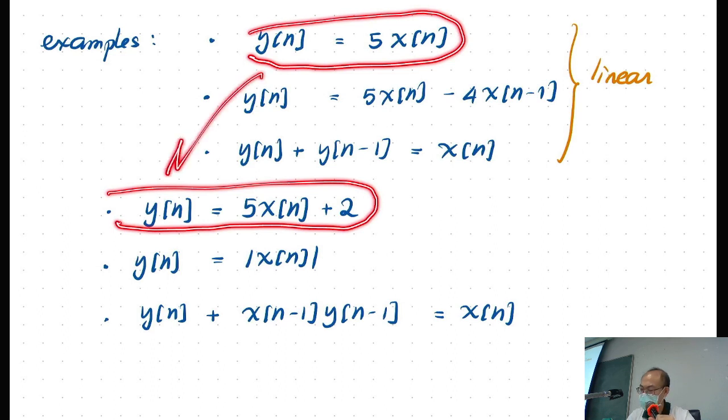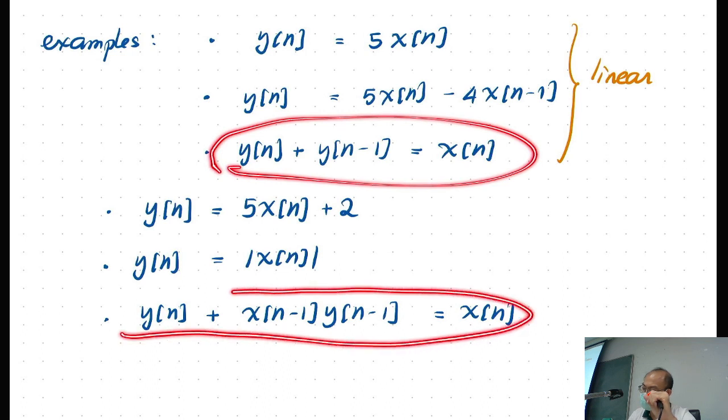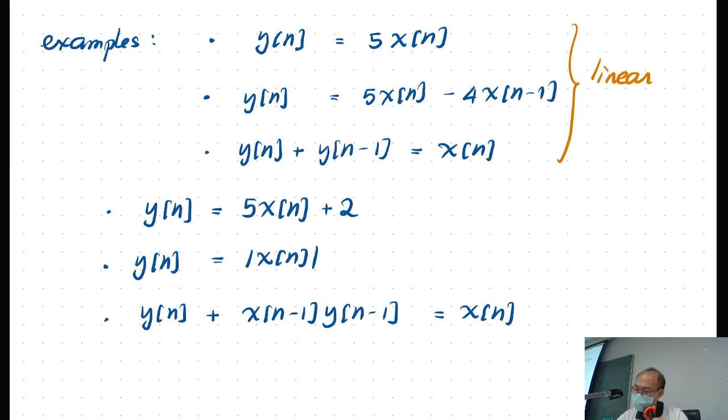The top one is a linear system, while the bottom one is not. This system is linear, but as soon as I multiply y[n minus 1] by x[n minus 1], it becomes not linear anymore. So these are examples of nonlinear systems.